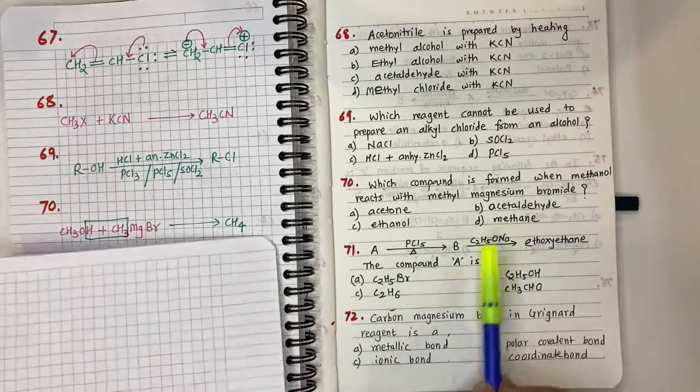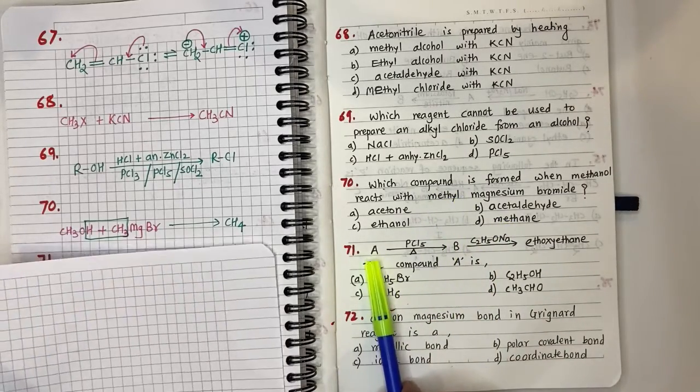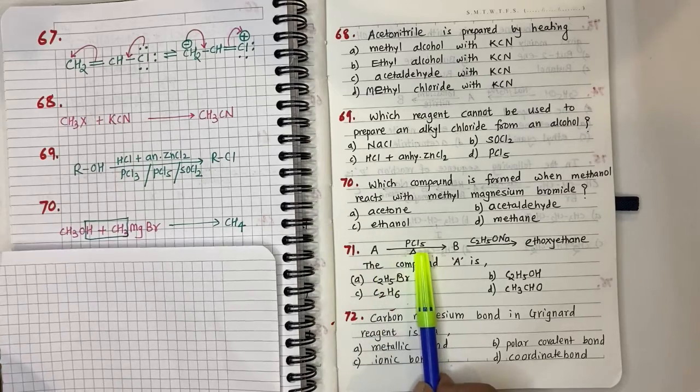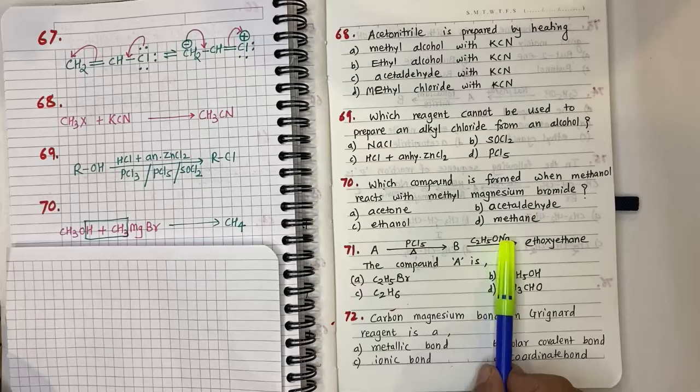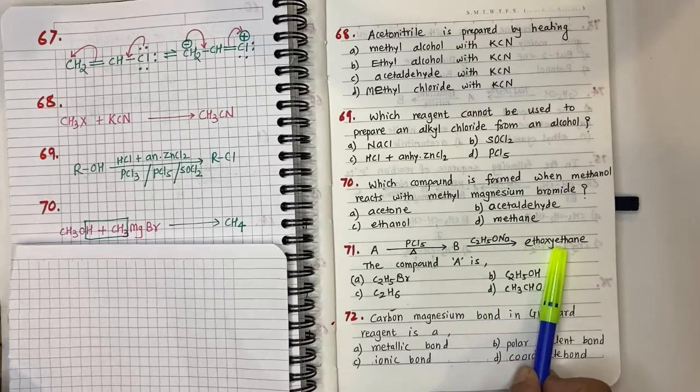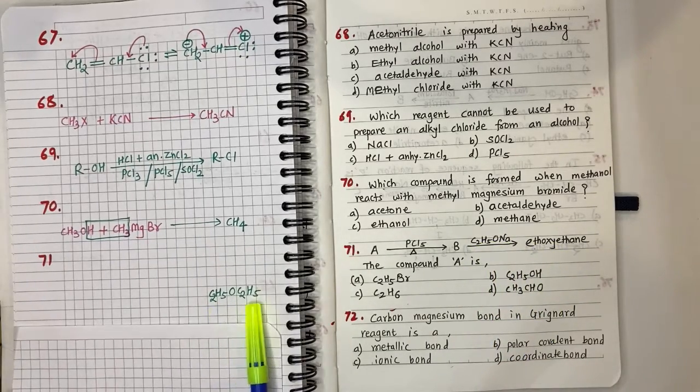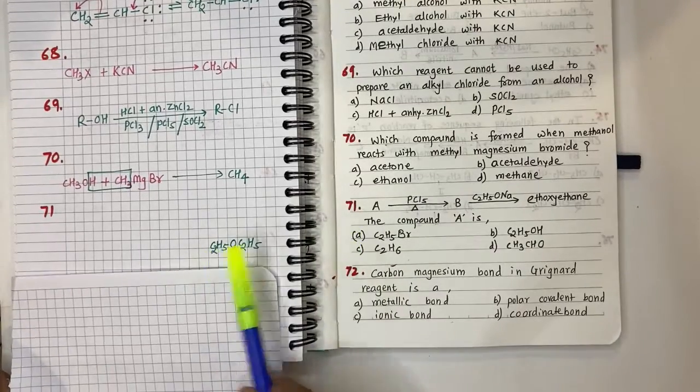Okay, this is methane. Next, A reacts with PCl5 to give B. Then it reacts with sodium ethoxide to give ethoxyethane.